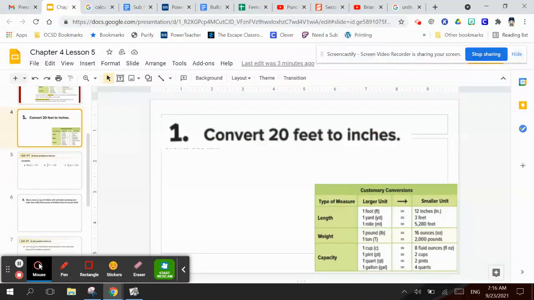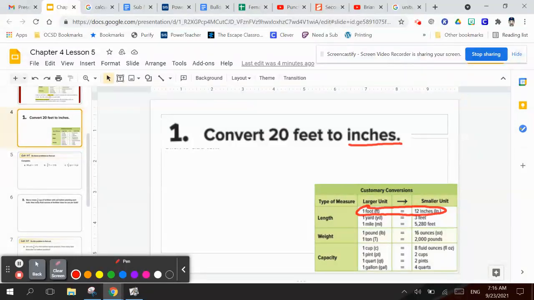So when we look at example 1, convert 20 feet to inches. Okay, so I know I have to convert to inches, so inches is going to be on top. So how many inches are in a foot? Well, if I look at my chart, I know that 1 foot is 12 inches.